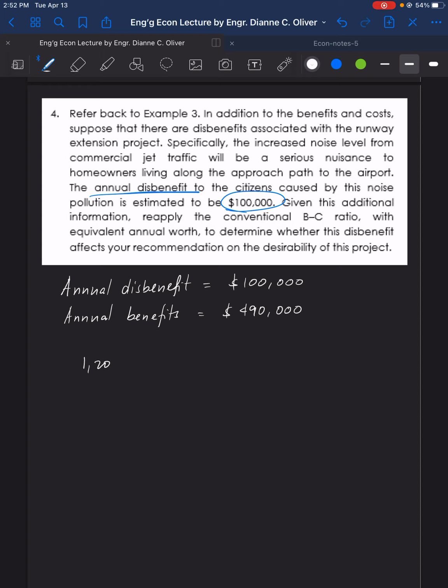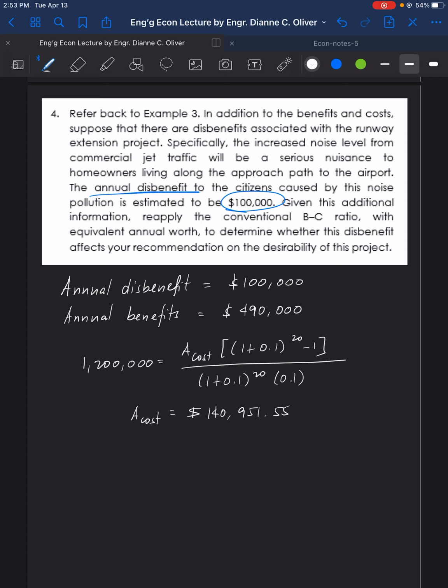So 1,200,000 times (0.1 times (1 plus 0.1) raised to 20) over ((1 plus 0.1) raised to 20 minus 1) is equal to the annual cost, which is 140,951.55.